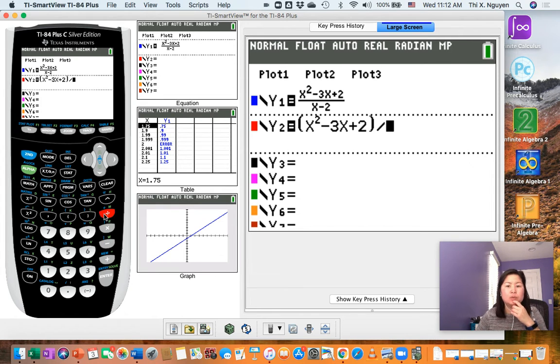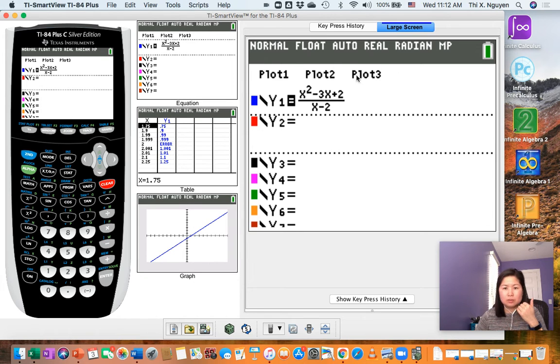To do the fraction, you would press divide, then open parenthesis, x minus 2, close that parenthesis. That's another way for you to type it. They are both saying the same thing. It just depends on which calculator you have. With the 83, the older one, you have to use the parentheses. The newer version is really nice; you can just type it in. Alpha, Y equals, option number 1. I'm going to delete the second function because it's the same thing, so I don't need it.